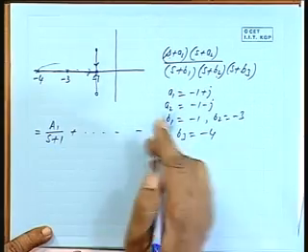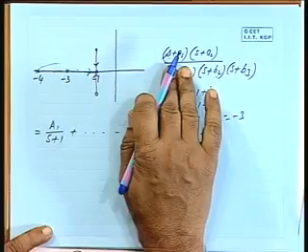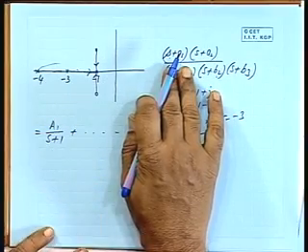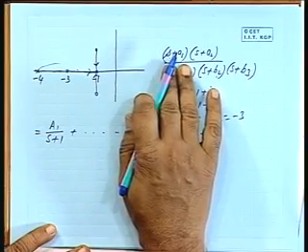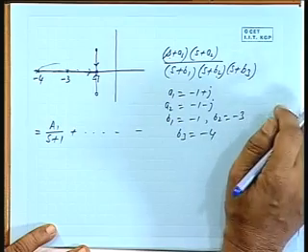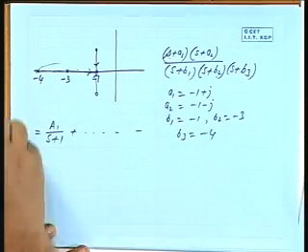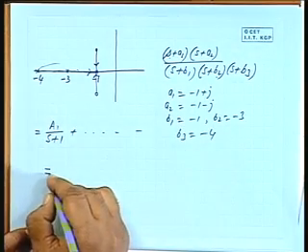All evaluated after multiplying by S plus B1. So, this one will not come, okay, and then we are evaluating at S equal to minus B1. This is what we are interested in.